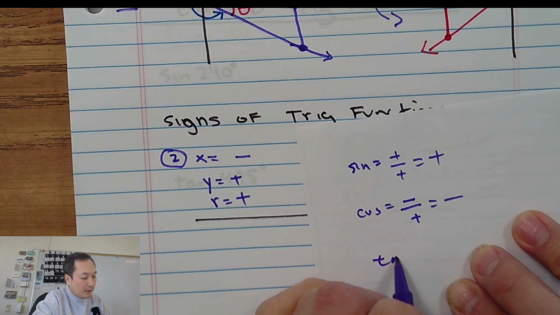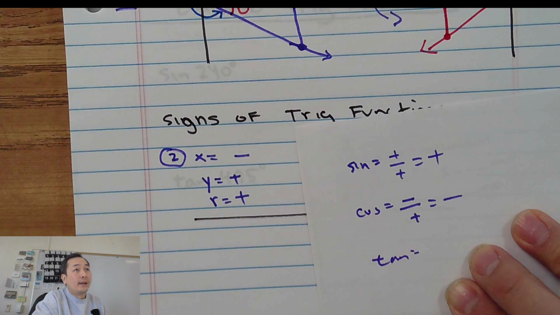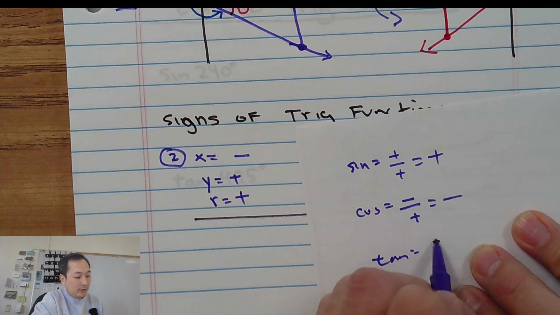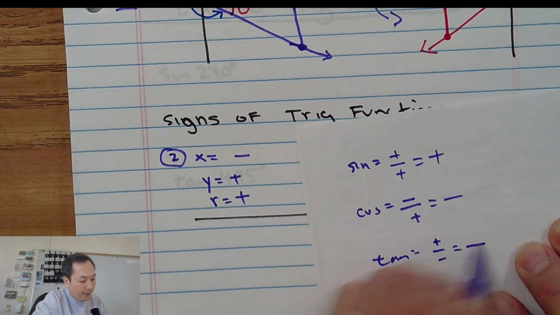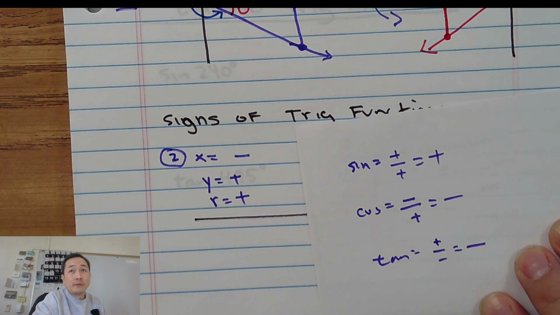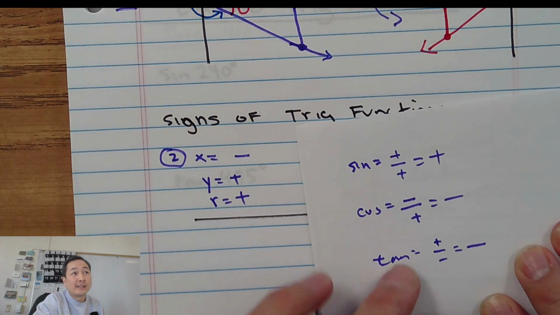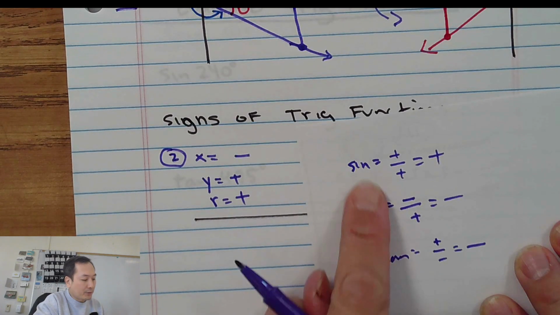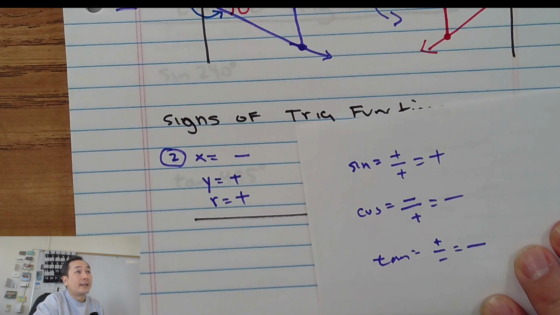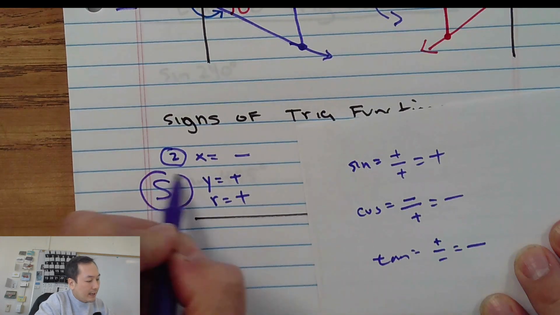Tangent is y over x, which is positive over negative, which is negative. Honestly, the reciprocals are going to have the same signs, so I'm not going to go through all 6, just these 3. Which one's positive here? Sine is. So sine is positive here.